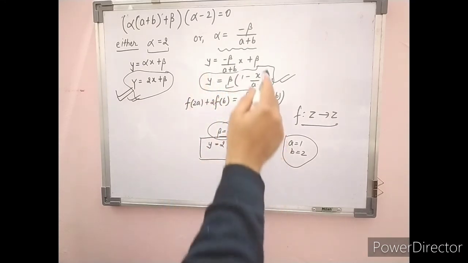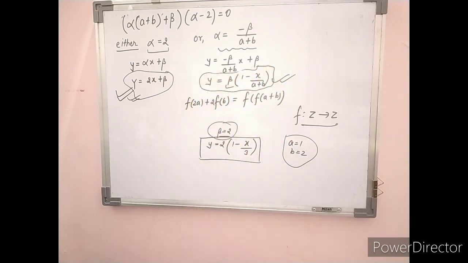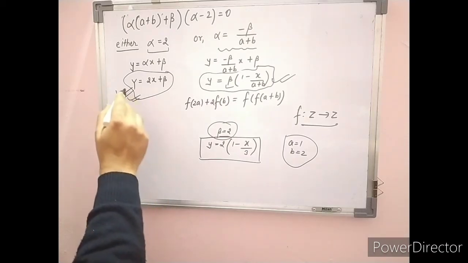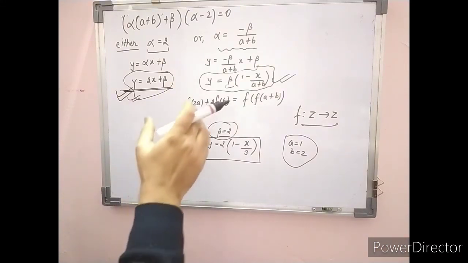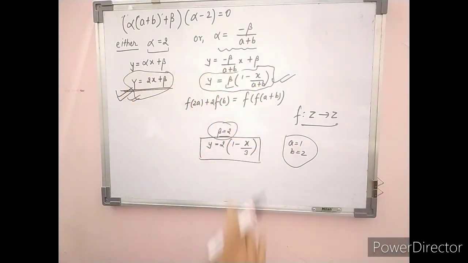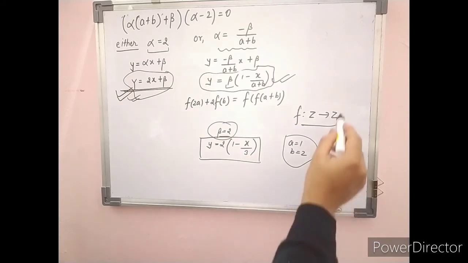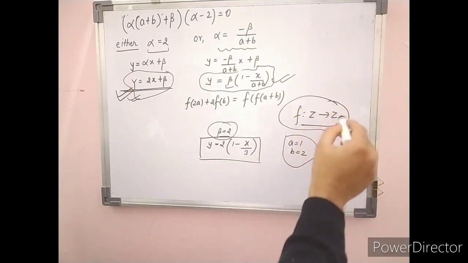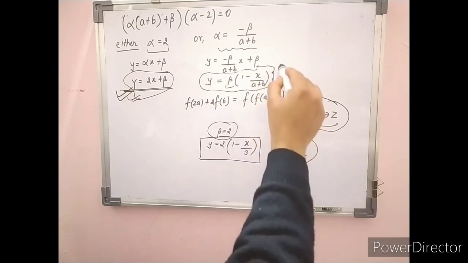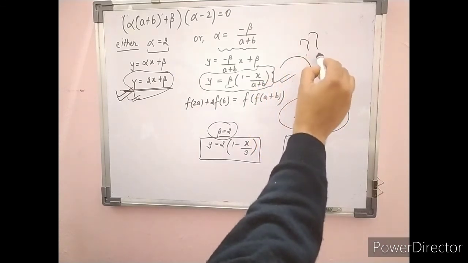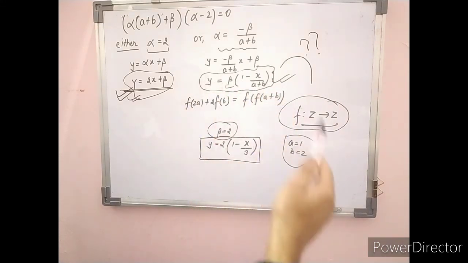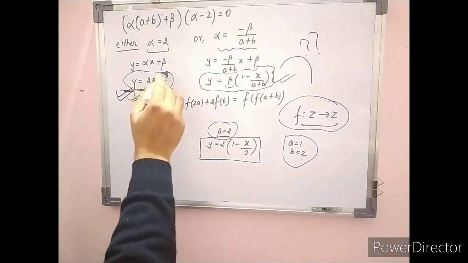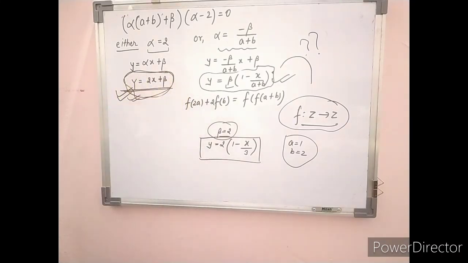So I do think that this particular solution might not work properly in this question. Actually, these two equations are both satisfying this equation, but there is some doubt over the functional definition Z to Z in this second solution, as it won't always yield an integral output, but this first solution surely yields an integral output always.